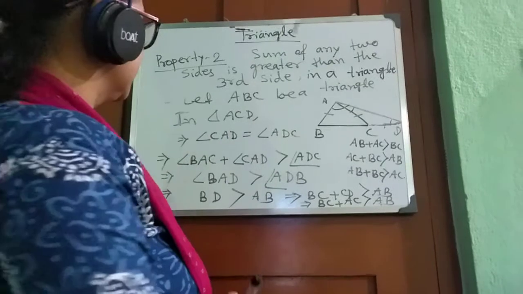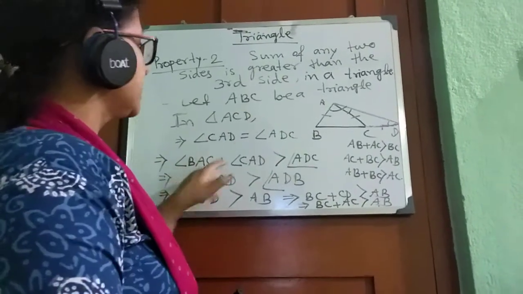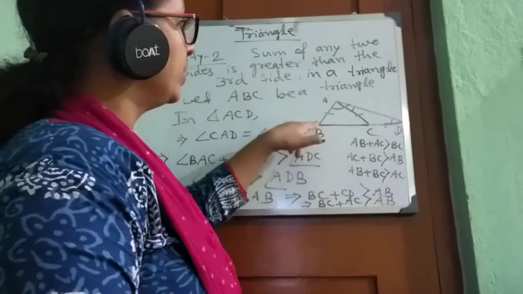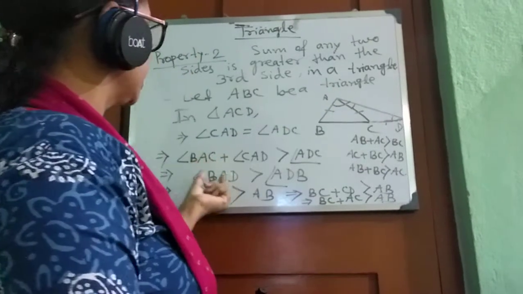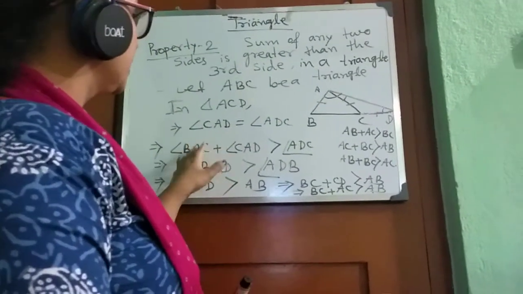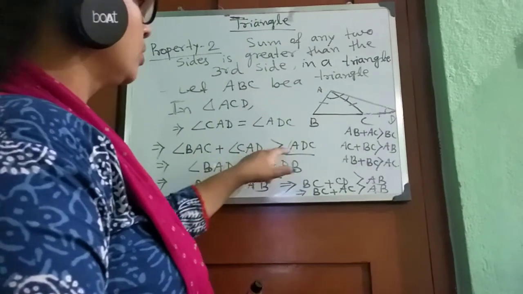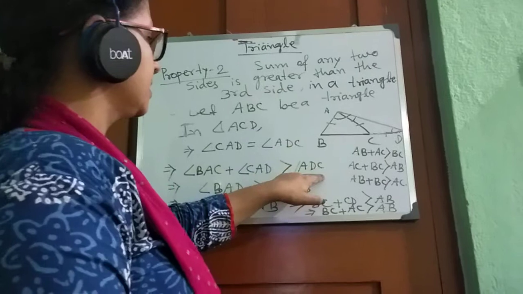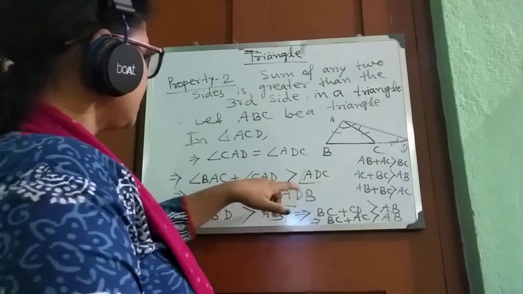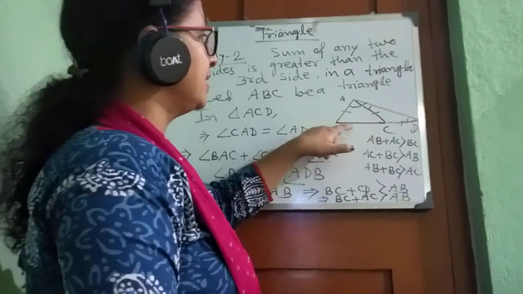Now I have added angle BAC with CAD. Then what am I getting? BAD. So from this you can say obviously BAC plus CAD will be greater than ADC. I have written this. Now in place of ADC we can write ADB.